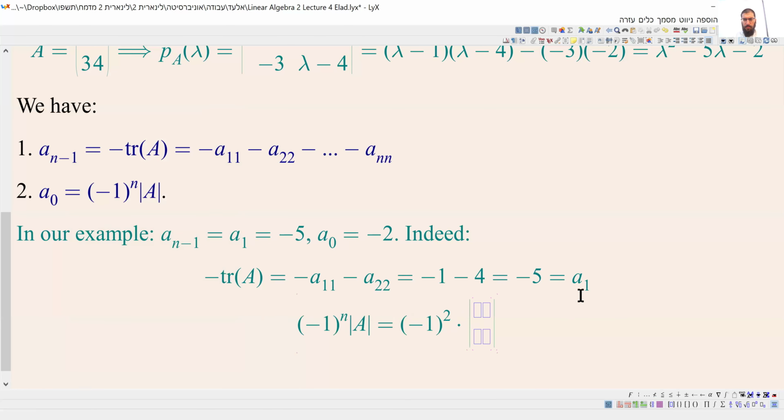One is called the algebraic multiplicity, and the second one is called the geometric multiplicity. I want to define both of them with the definition and some explanation behind just the definition itself.